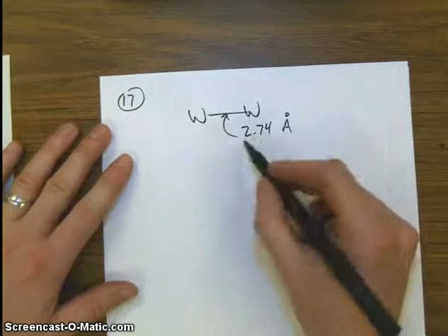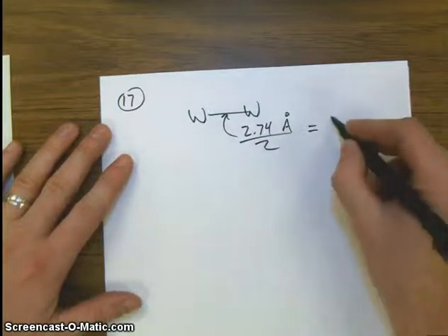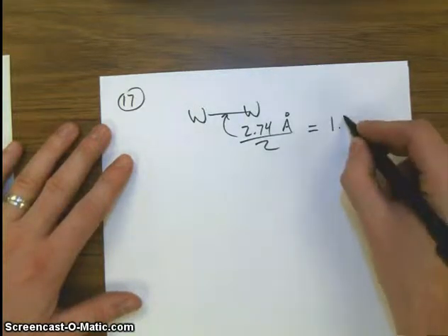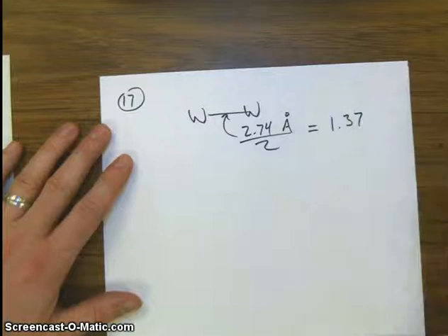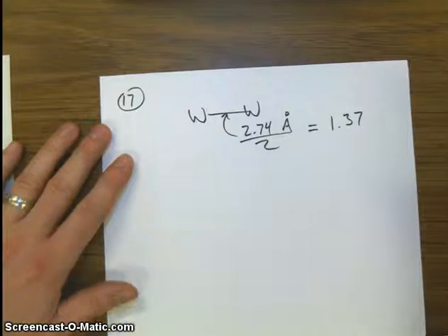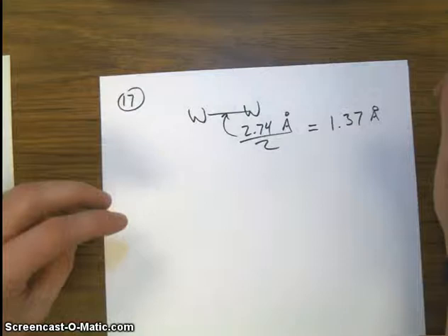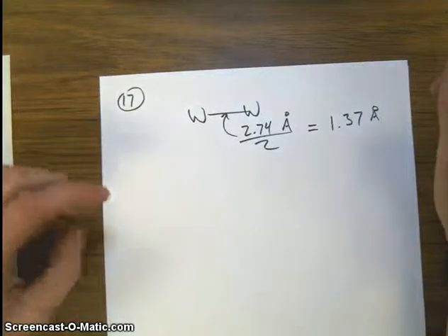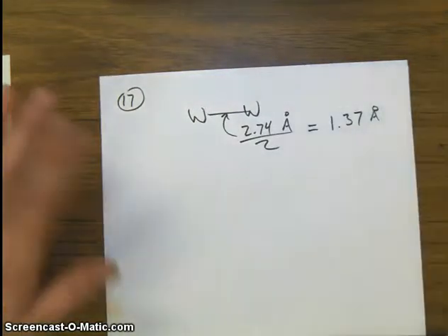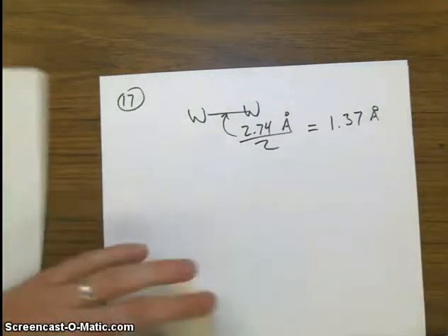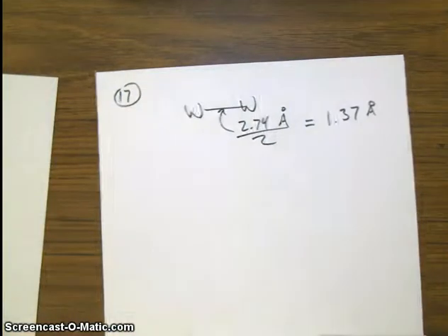Well, take it and divide it by 2. Done. Let's see, I'll make sure my math is right. 3, 7, I believe. So that would be 2, 6. Yep, that's right. So that's the answer for that portion. This is, of course, called the bonding radius, but it's also referred to as the metallic radius because we're dealing with the element tungsten.